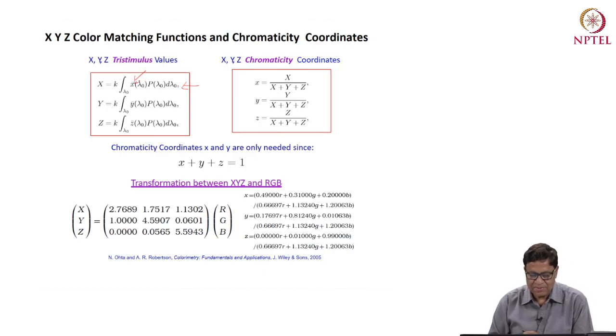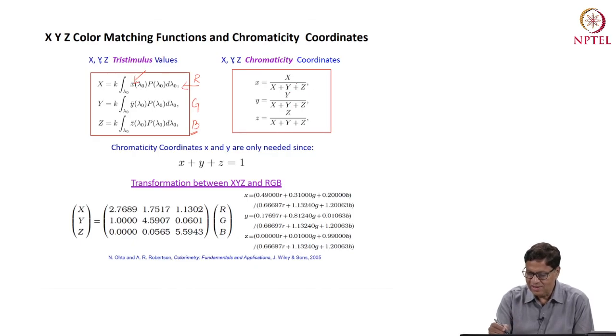This is for a particular color, say R. Similarly, this Y tri-stimulus value is for say G, and this is for B. The corresponding XYZ chromaticity coordinates are given by x is equal to X divided by X plus Y plus Z, and so on and so forth.